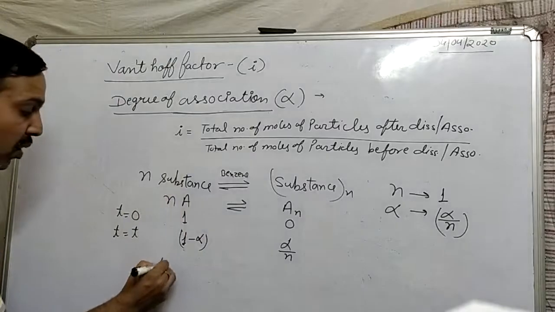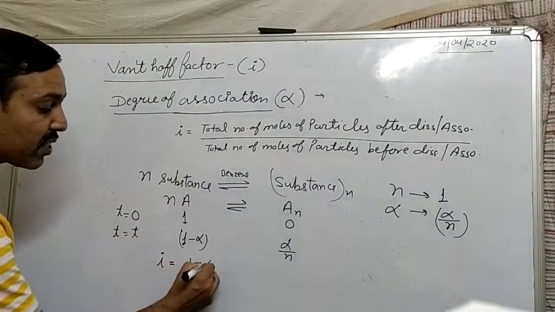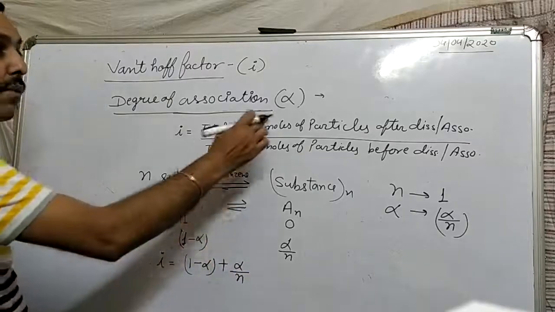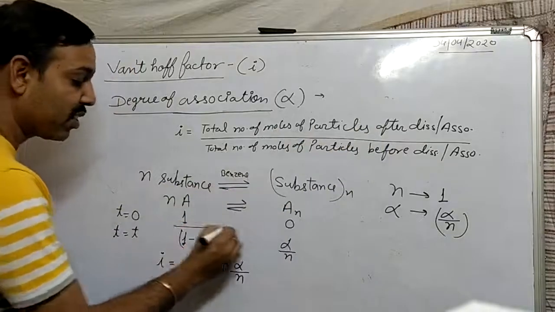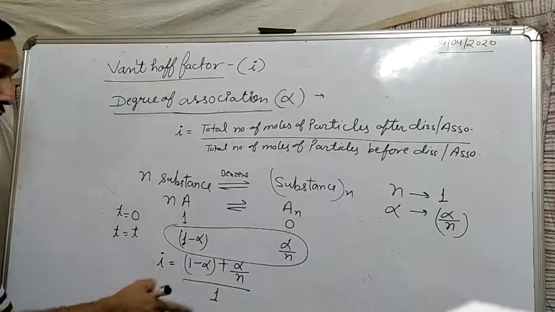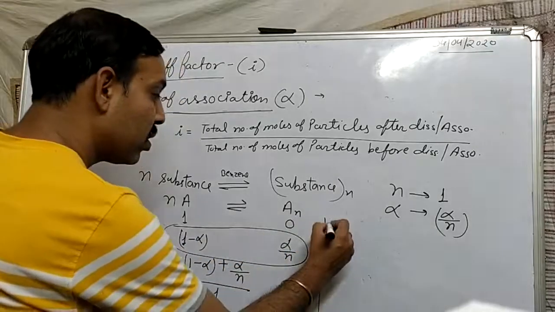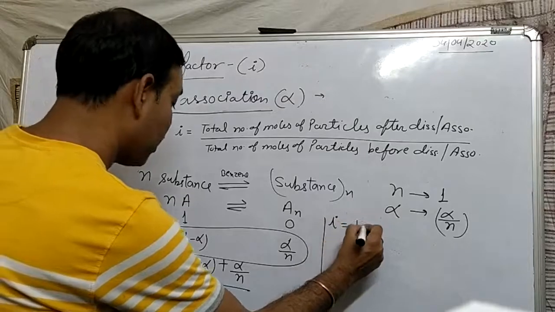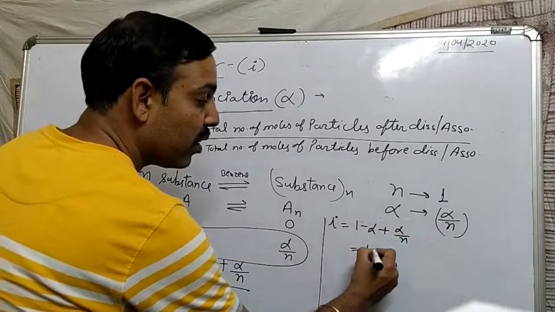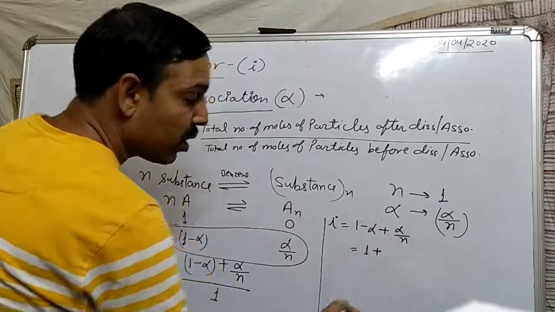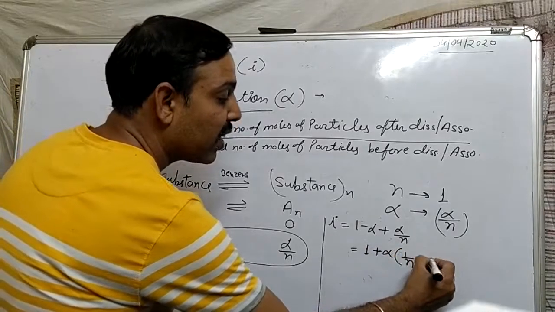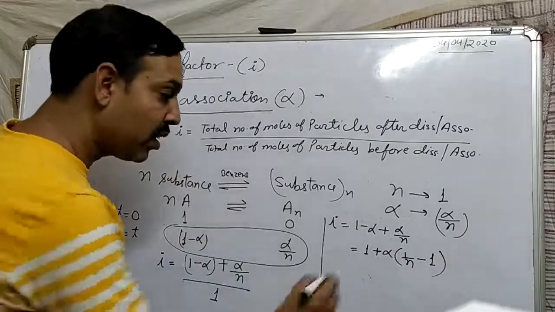Now we use formula i is equal to 1 minus alpha plus alpha by n, total number of particles after association, upon before association is 1. So here i is equal to 1 minus alpha plus alpha by n. 1 plus, we take common alpha, so here 1 upon n minus 1.